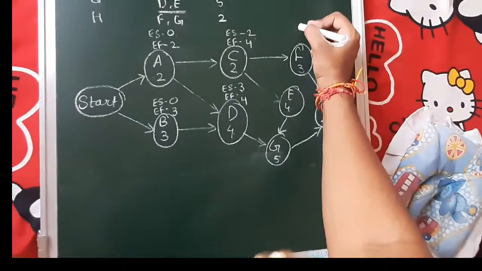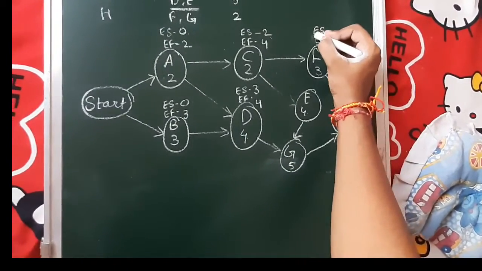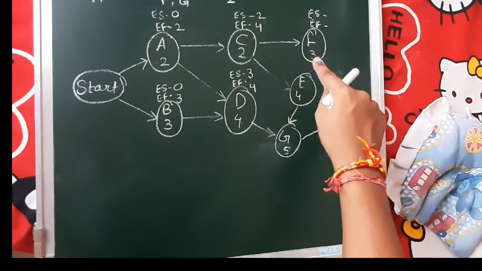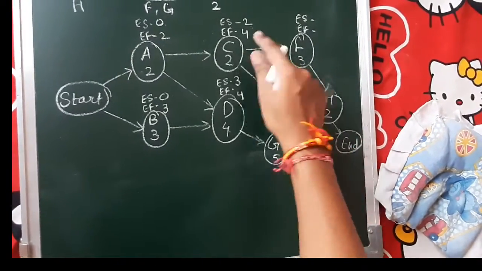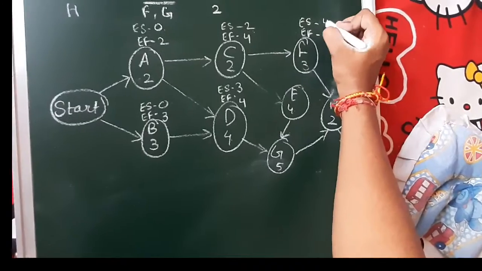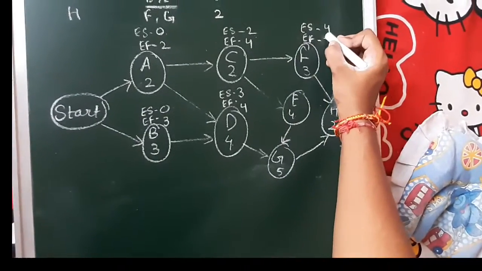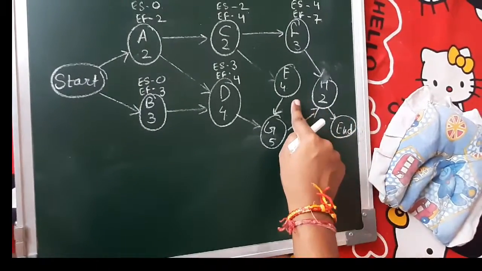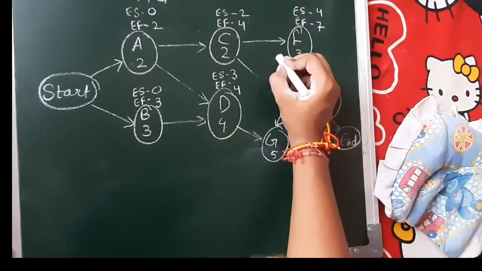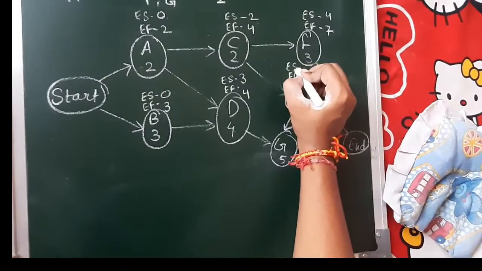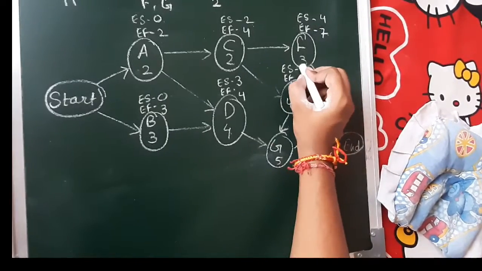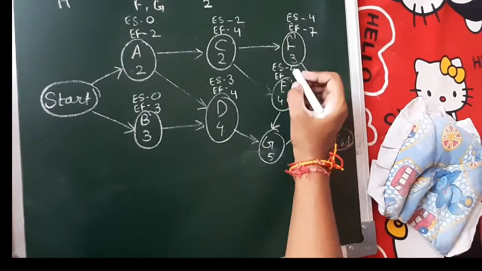Now for F, we have one preceder. So we'll go with 4 plus 3, 7. For E, we also have one preceder. So early start becomes 4 and early finish becomes 8.